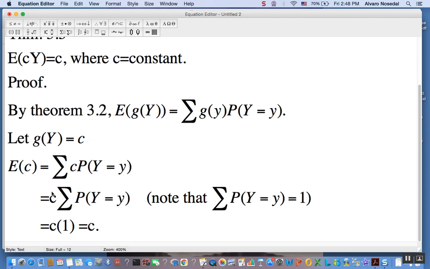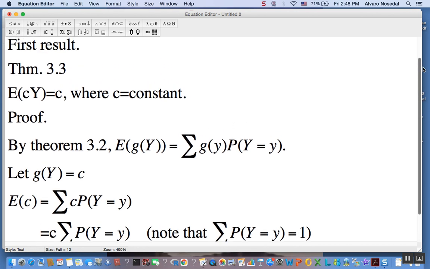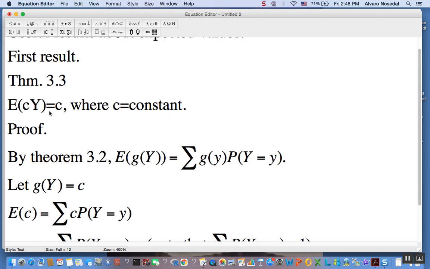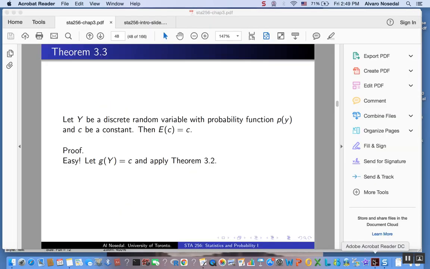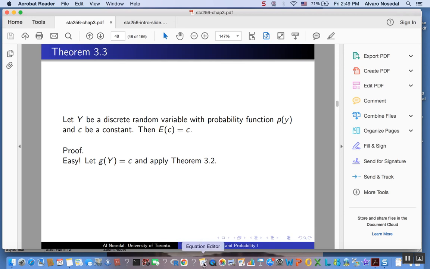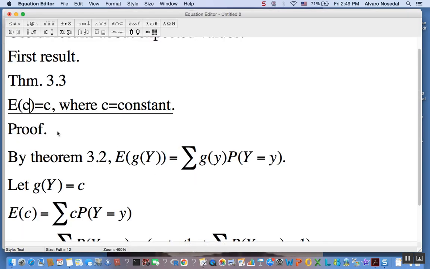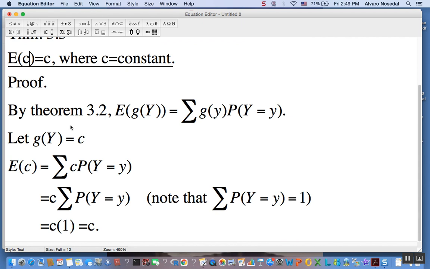Bottom line, expected value of a constant is the constant itself. Okay, that's what we wanted to show. And you know, it wasn't that hard.